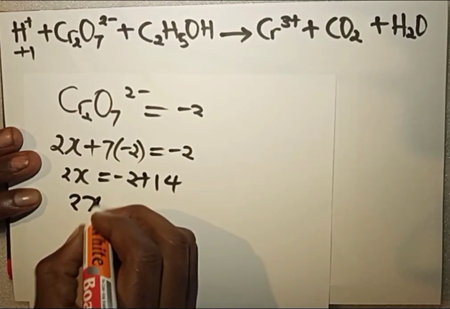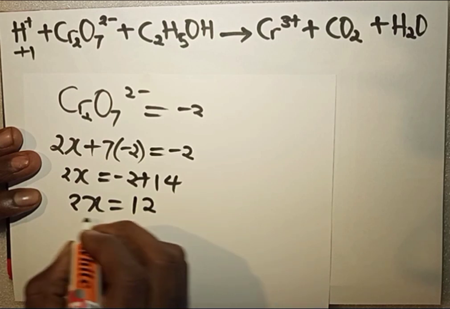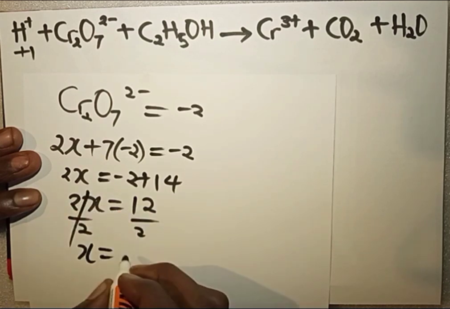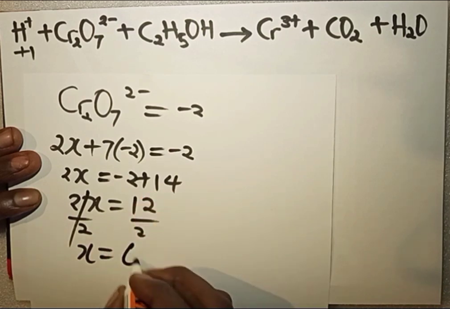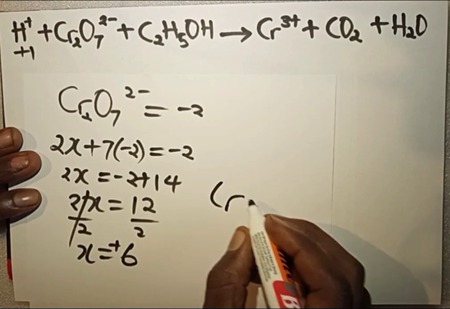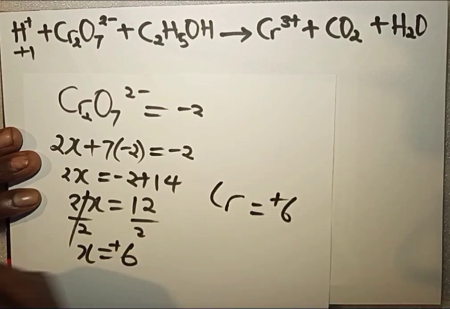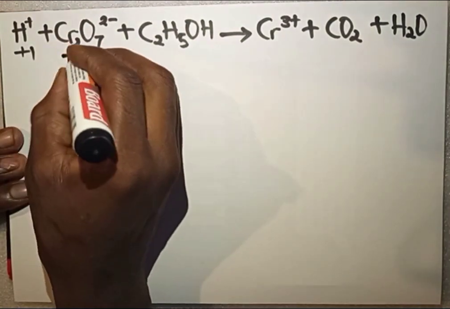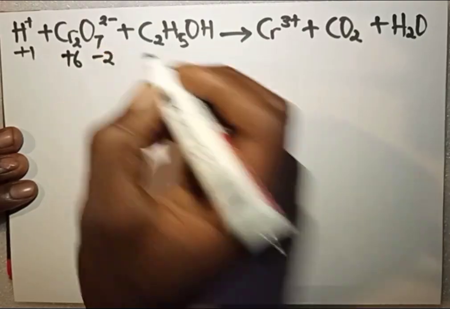So 2x equals 12, divided by 2, so x equals +6. Each chromium ion has a +6 oxidation state, and oxygen -2.